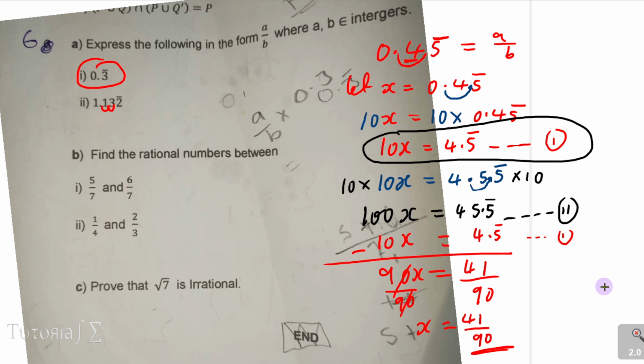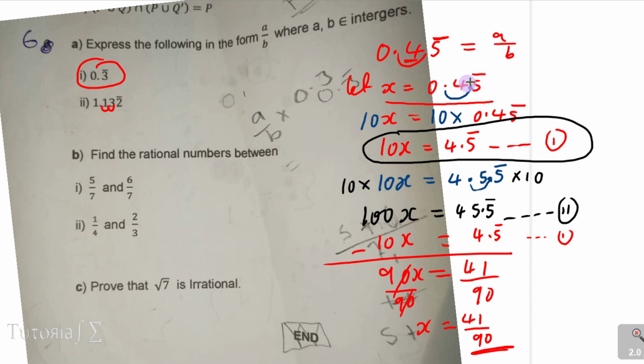So let me run you through the steps. So step 1, you get whatever question you've been given. You let x equal to that question. Okay. Step 2, check if the decimal is just before the number that is repeating. If it is not, you have to move it there by multiplying in tens.